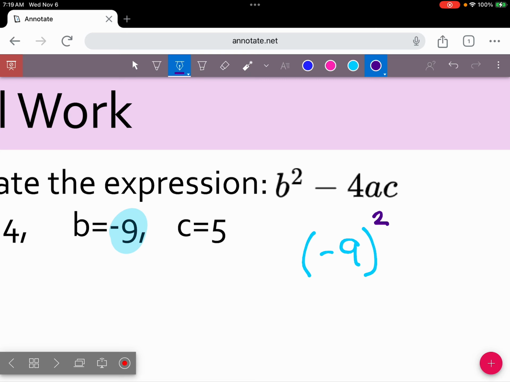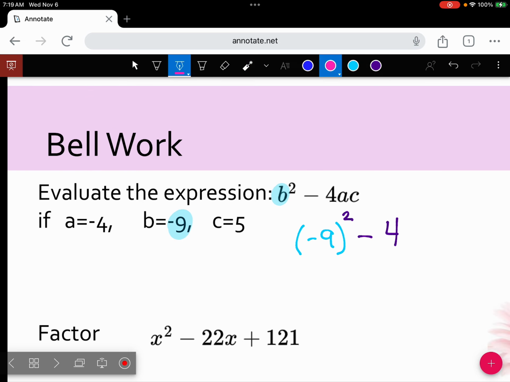That's our B. Then we have -4 times our A, which is a -4. So again, we're going to put it in parentheses, -4, times our C, which is 5.